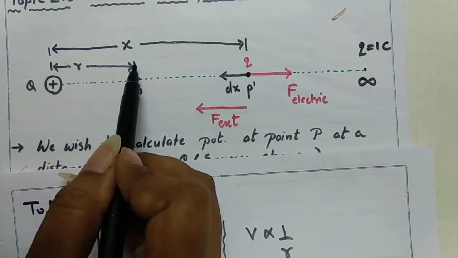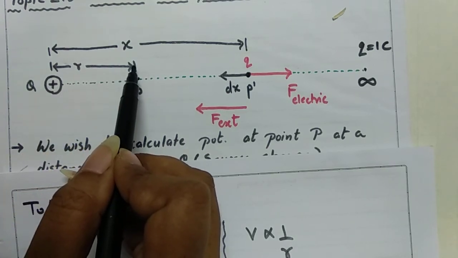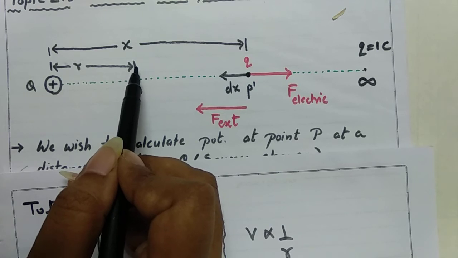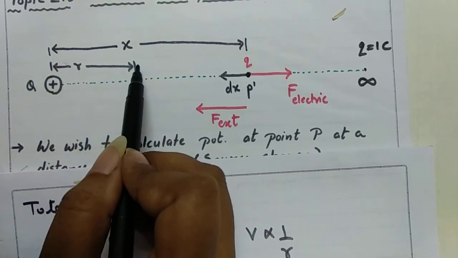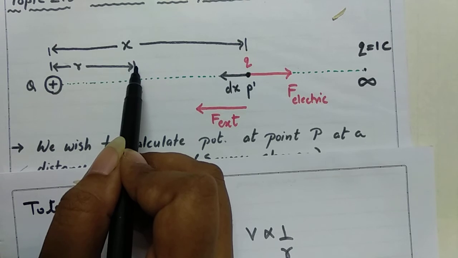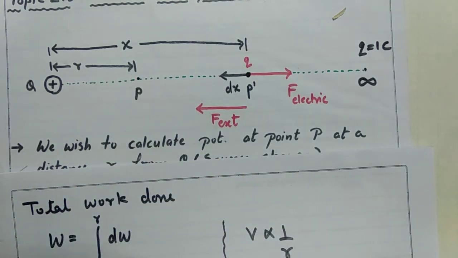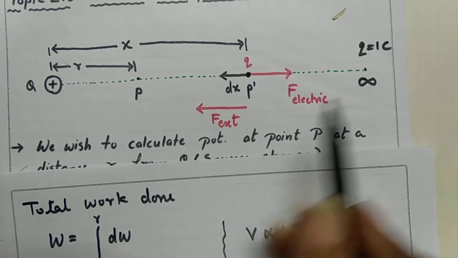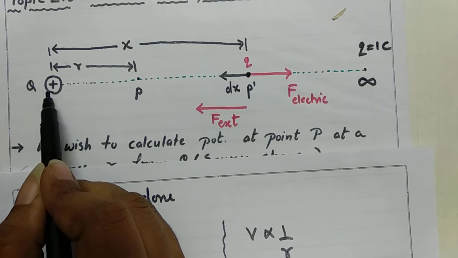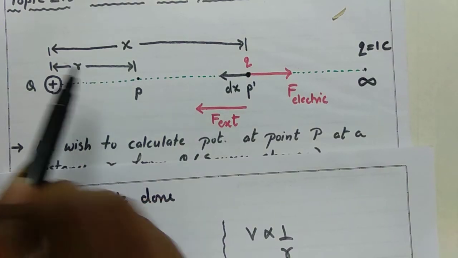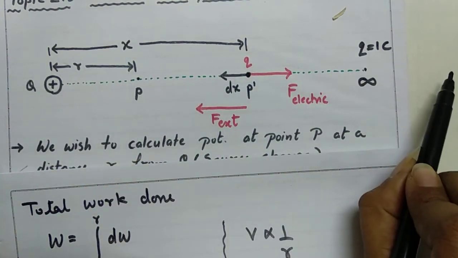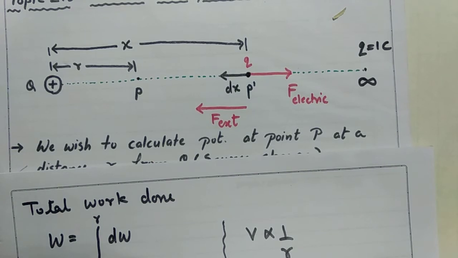As this distance increases, the electric field intensity decreases. As the electric field intensity decreases, what happens? The electric force also decreases, and therefore the work done will decrease. So as you move towards the source charge, the potential increases. As you move away from the source charge, the potential decreases.